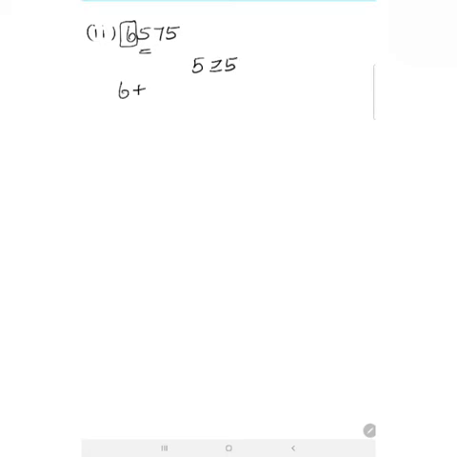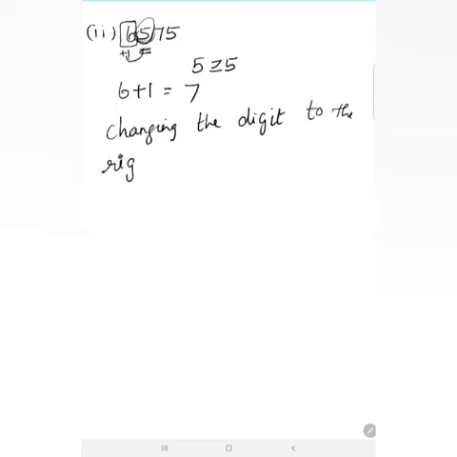So you take this 6 plus 1 as 7, because the hundreds place is greater than or equal to 5, so you add 1 in the thousands place.